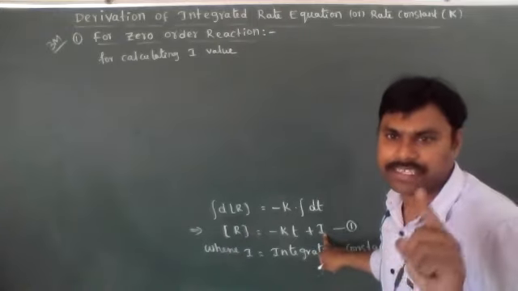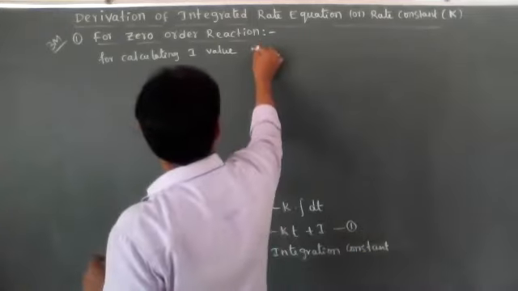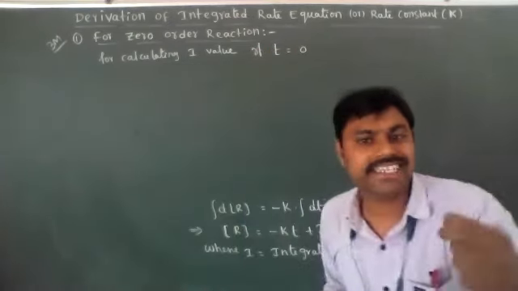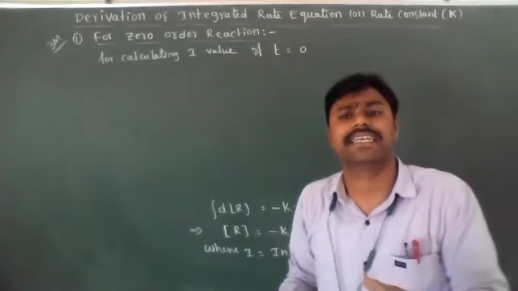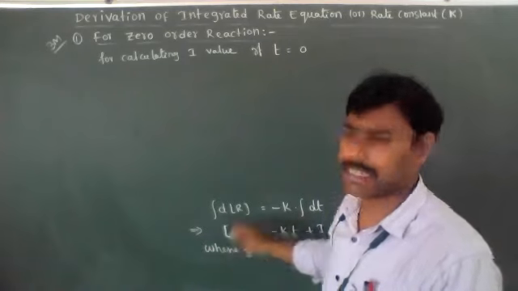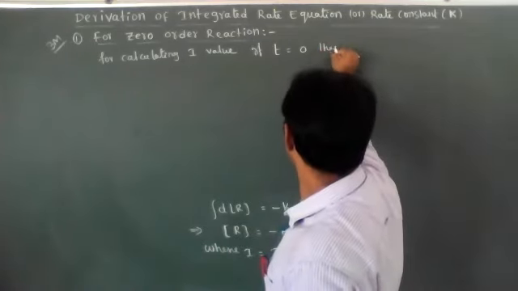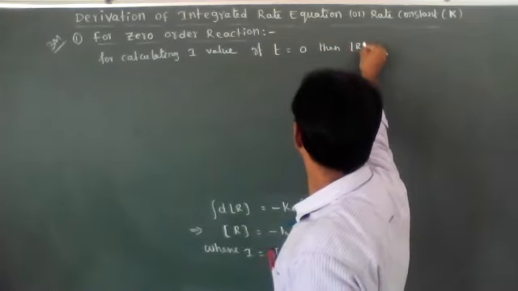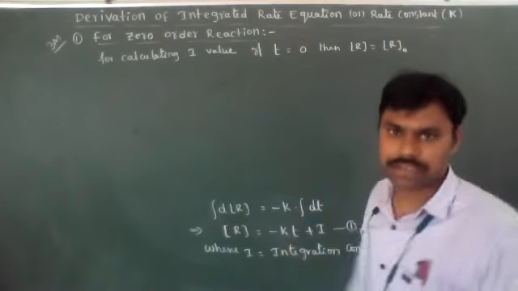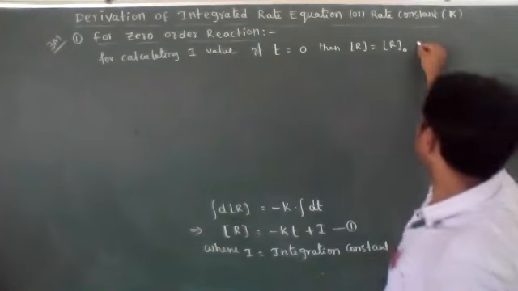If time t is equal to 0, meaning initially when the reaction is taking place, the time is 0, then the concentration of reactants is equal to R0. Substitute in equation 1.